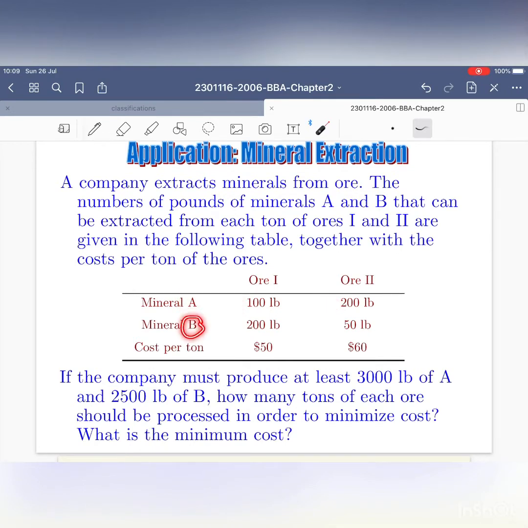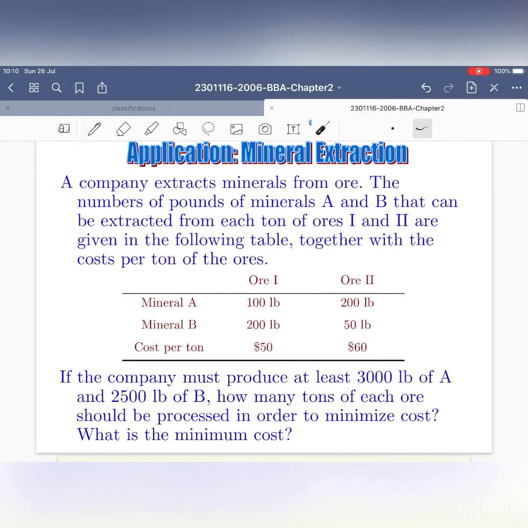For the second mineral, the first ore contains 200 pounds, but the second ore contains only 50 pounds. The cost per ton is $50 for the first ore, and the cost per ton for the second ore is $60.